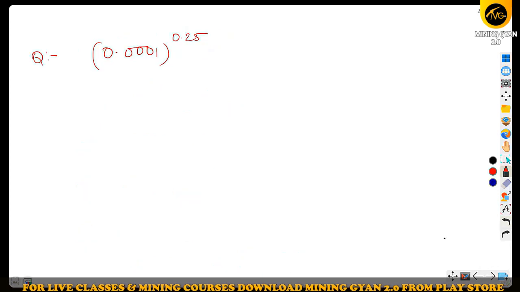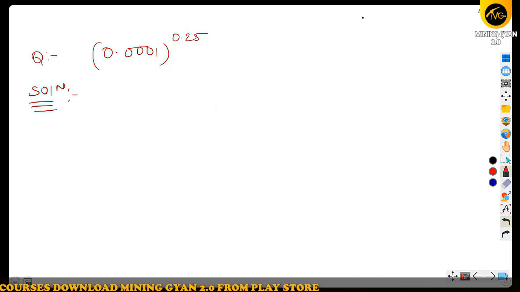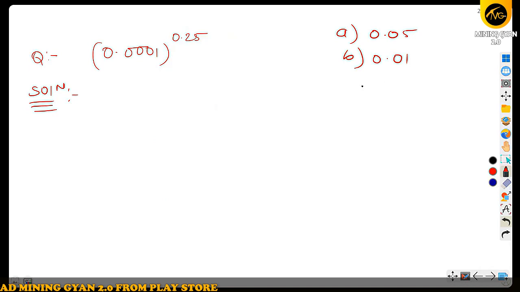Do one more example. For example, 0.001 whole power 0.25. Now do it. Suppose the options available are A 0.05, B is 0.01, C is 0.1, and D is 0.5.